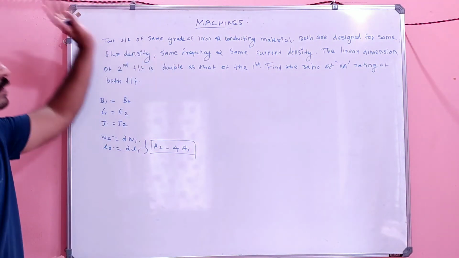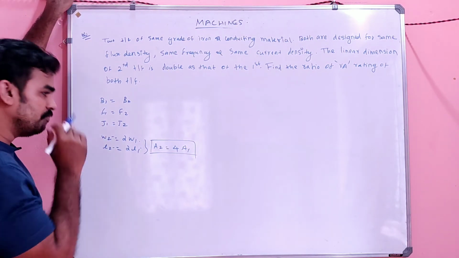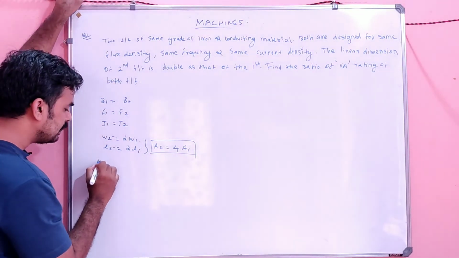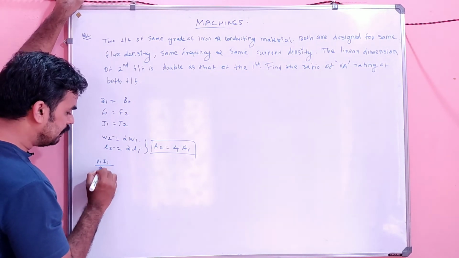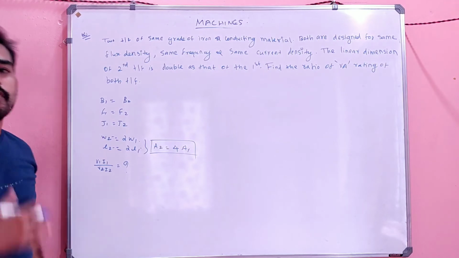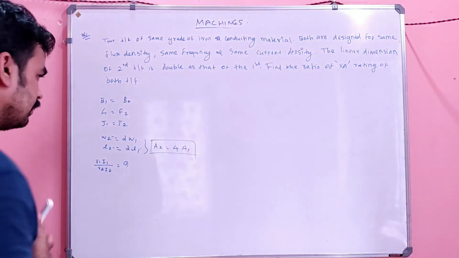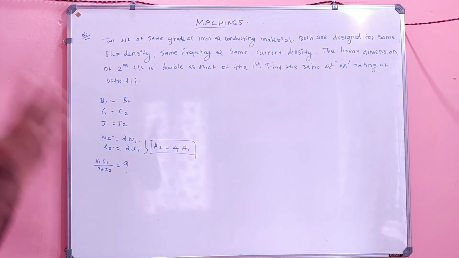The linear dimension of the second is double that of the first. Find the ratio of volt ampere rating of both transformers, which means we have to find V1 I1 by V2 I2. How can we start?